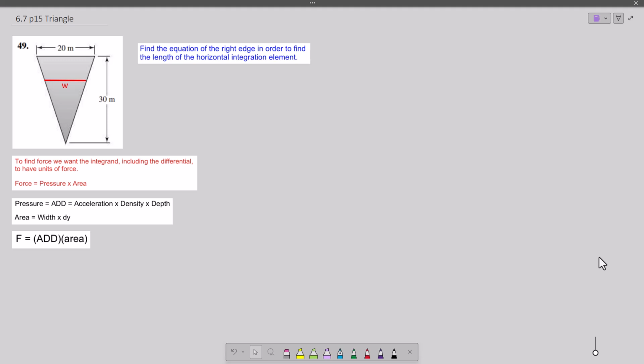Well, we're going to do something similar to what we just did. We're going to fill in the ADD. So our cumulative force is going to be the integral from 0 to 30. And it's going to be A, which is 9.8, acceleration, and then density. We're dealing with water again. I guess I didn't write it in this question, but we are dealing with water again. So that is the density of water.